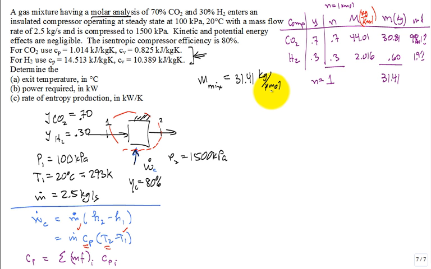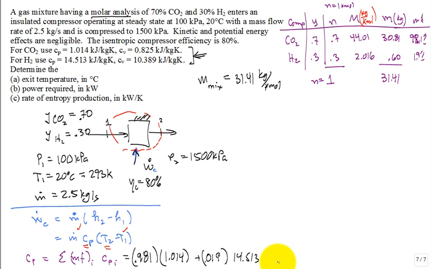Make sense? All right, so I had the molar mass in a mixture, but I really needed those mass fractions. So what I have is 0.981 times the specific heat constant pressure of CO2, 1.014 kilojoules, I'm going to leave the units off, plus 0.019 times 14.513.